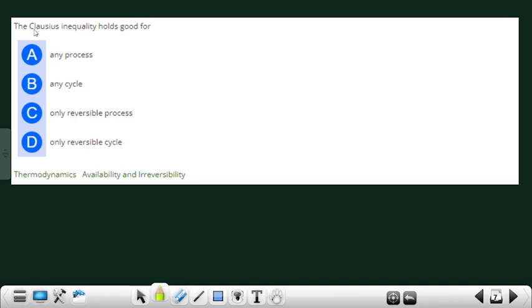Next question, the Clausius inequality holds good for any process, any cycle, only reversible process, only reversible cycle. So Clausius inequality holds good for any cycle. Clausius inequality: the cyclic integral of dq by T is less than or equal to 0.